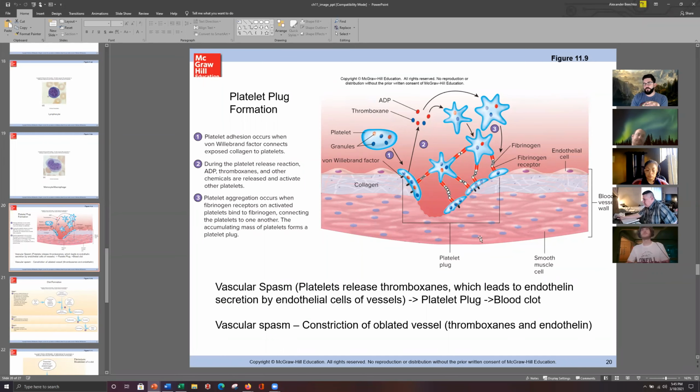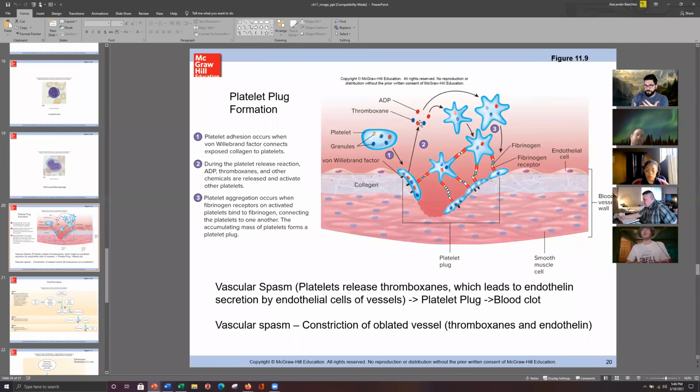So at the site of an injury to a vessel wall, these little proteins that are exposed on the surface of this wall, called von Willebrand factor, act as essentially beacons for platelets to go and bind to. So when von Willebrand factor is adhered to by a platelet, the platelets will release these chemicals that they contain called thromboxane, and they'll also release some ADP.